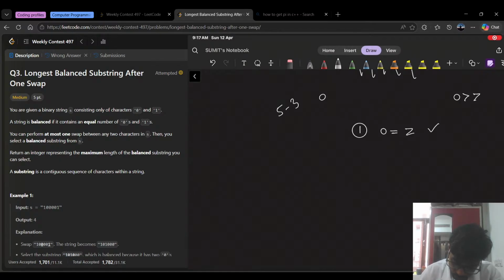Is greater than 0, right? If the absolute difference of one count minus zero count, suppose for example one has 4, one has 3.